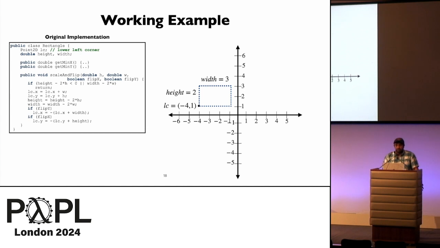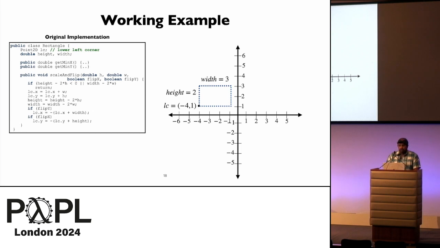First, I'll briefly go over what this method is actually doing. It's relatively straightforward, but this should help for following along. At a high level, this method scales down the rectangle's height and width by these parameters h and w, respectively, and then potentially flips it over the x-axis or y-axis.